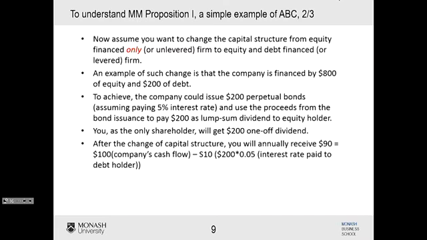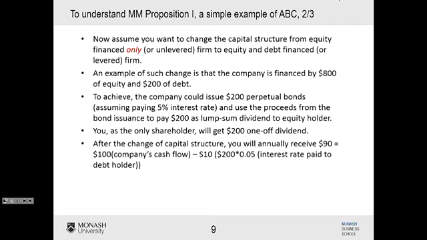Again, let's assume it's perpetual. Okay? Perpetual bond: once you issue the bond, you have to pay some interest to the investor. Let's assume the firm is going to pay a 5% interest rate. And because the firm issued 200 of bonds, they could use the bond proceeds to do something.